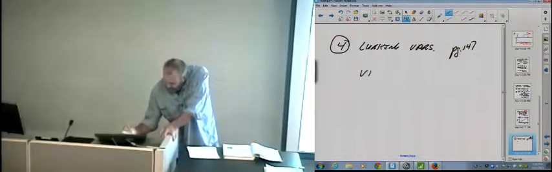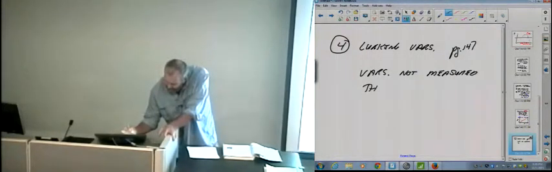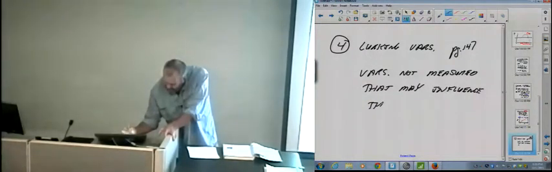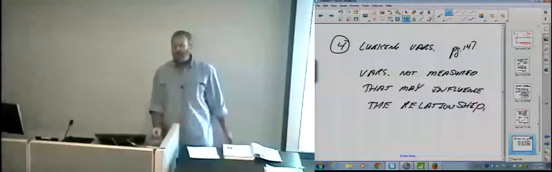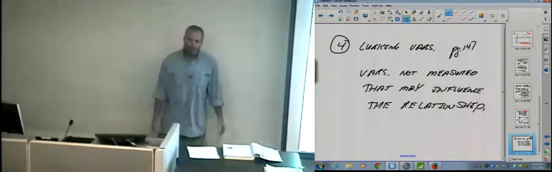These are variables not measured. We're not using them. That may influence the relationship. Now, it can go either way here. It may strengthen the relationship if we ignore them. It may make the relationship weaker if we ignore them.